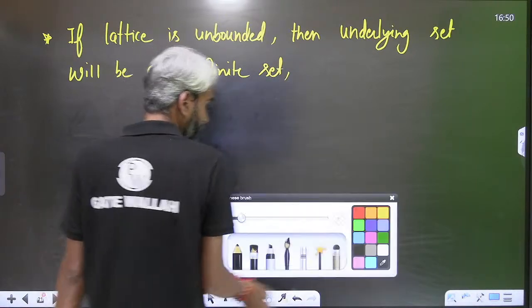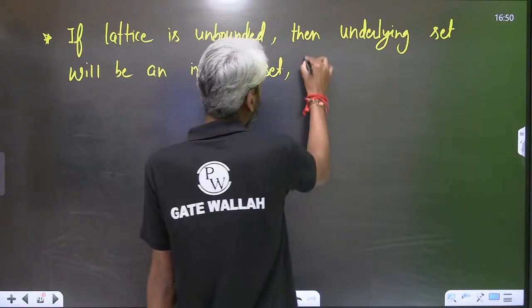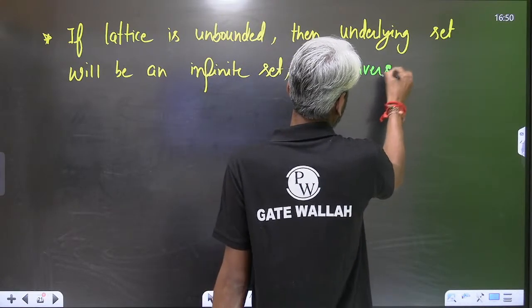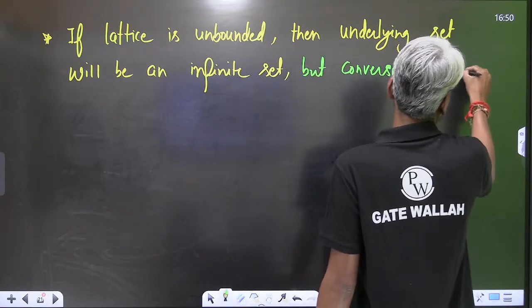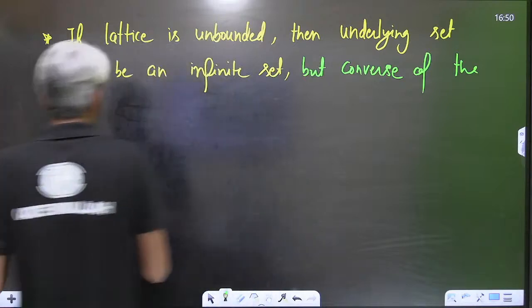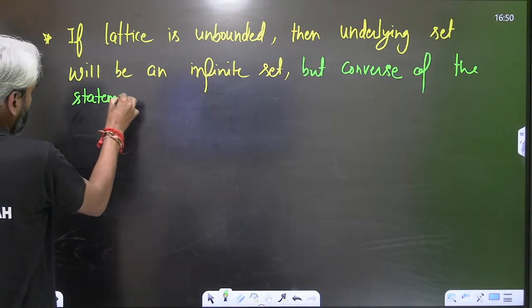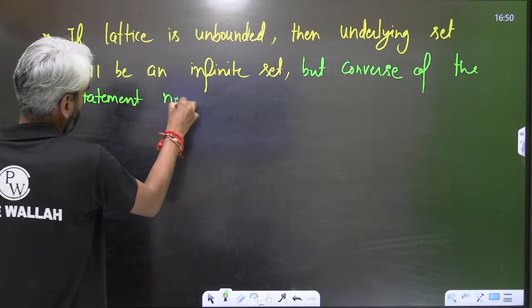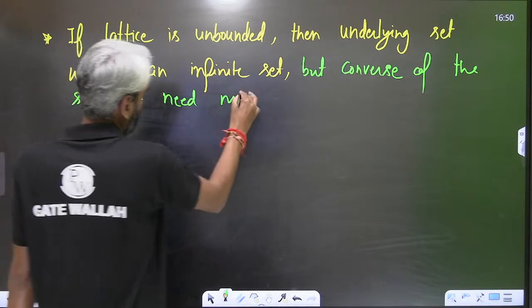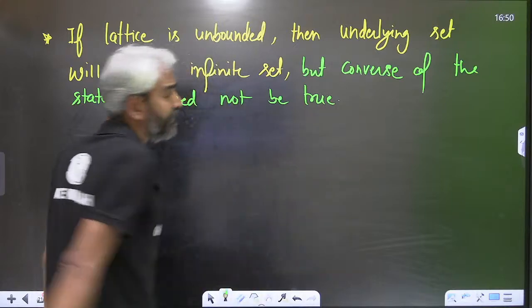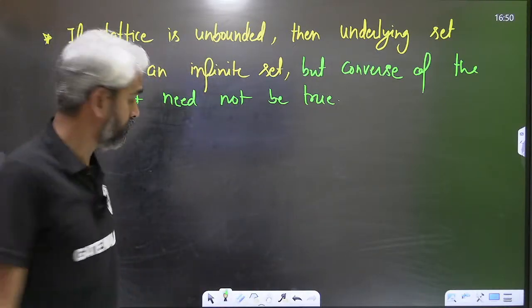But the converse of the statement need not be true. What does it mean? It means that it is not necessary for an infinite set to be unbounded.